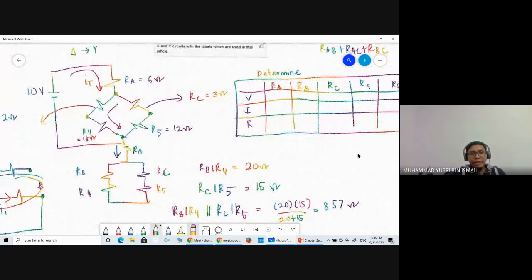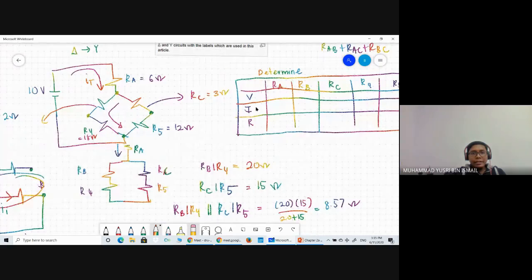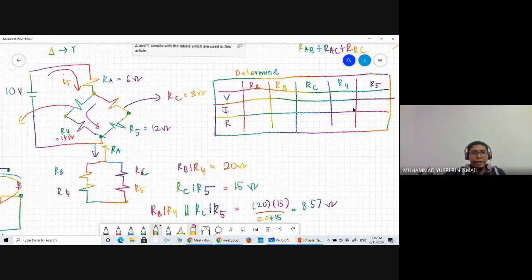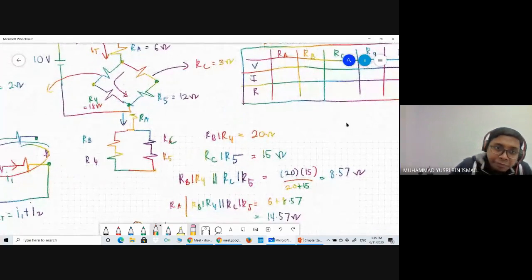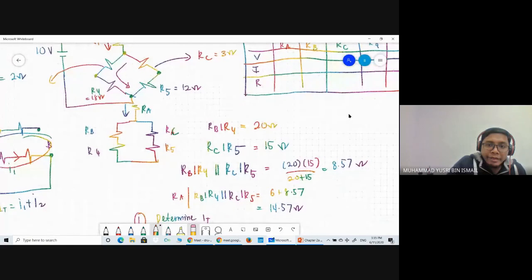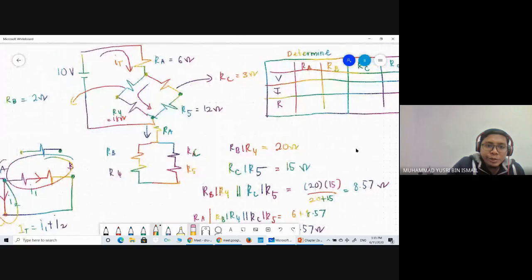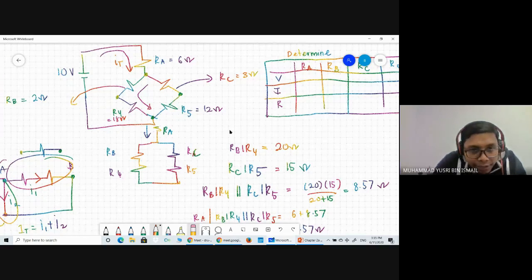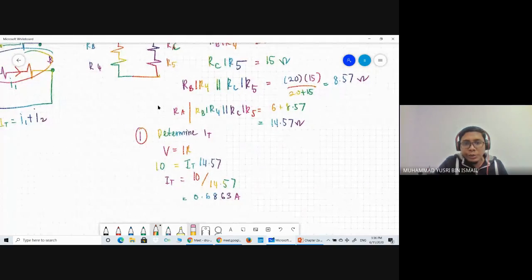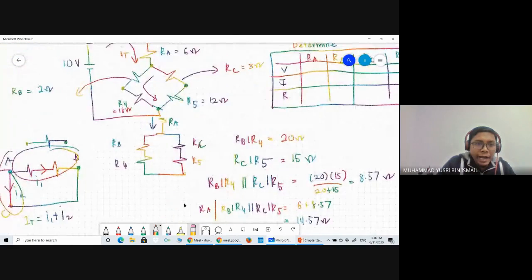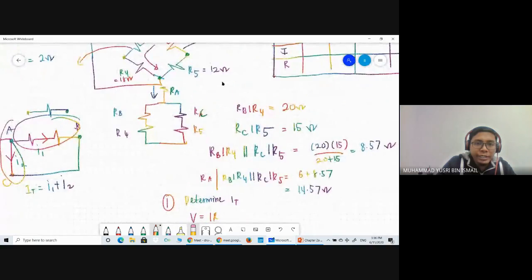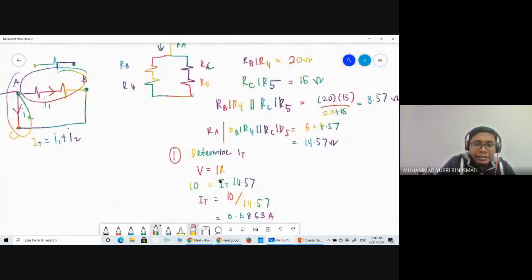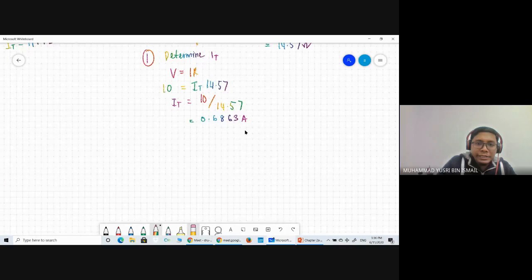Now you have to determine the voltage at RA, RB, RC, R4 and R5. Now you know the current I total flowing to the RA is 0.6863.